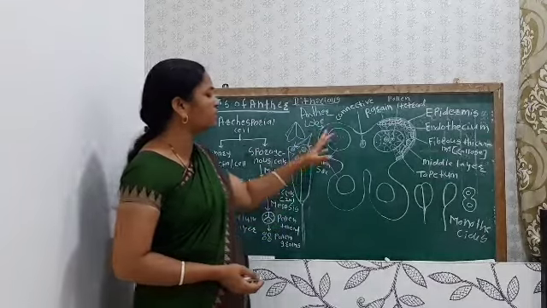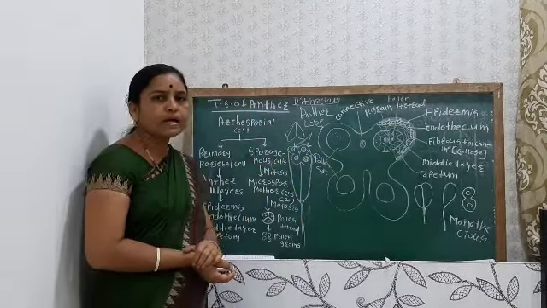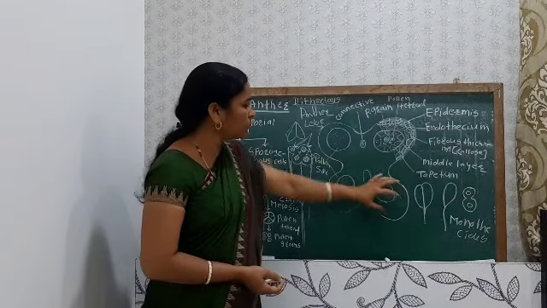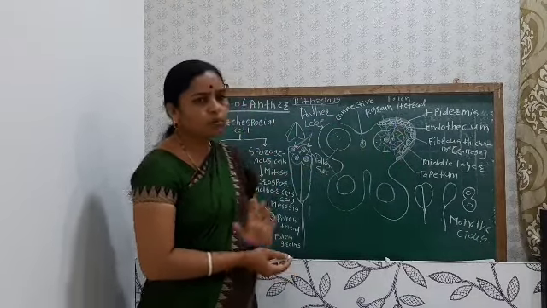If we see the structure of one pollen sac, it is also known as the microsporangium. Here there are four pollen sacs: one, two, three and four. Here is one single pollen sac.